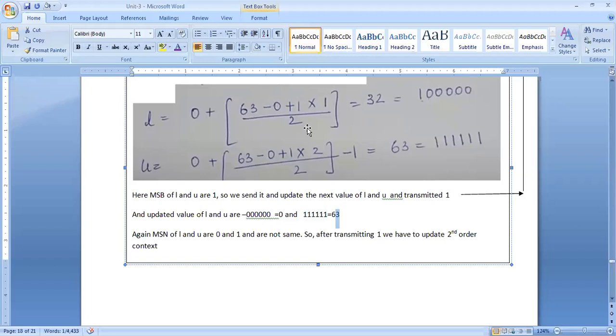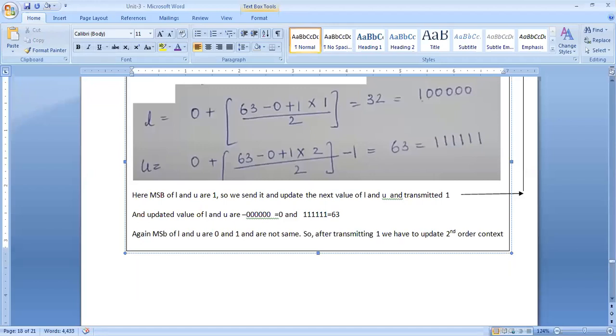Now what we will do for the next? Again MSB of L and U are 0 and 1. Here again the MSB for the updated values are 0 and 1, and these are not the same.